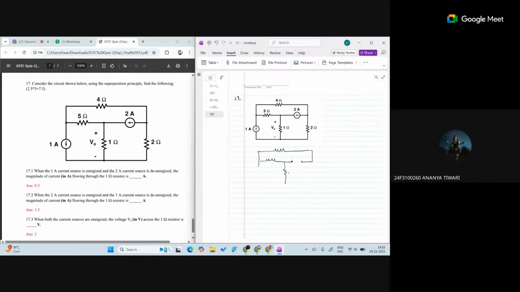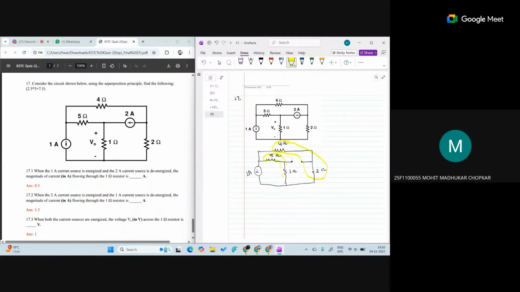So this total 6 ohm and 6 ohm is in parallel. So this is 5, this is 2 ohm, and this is 4 ohm, and this thing would be in series. So it is 6 ohm and 6 ohm in parallel.